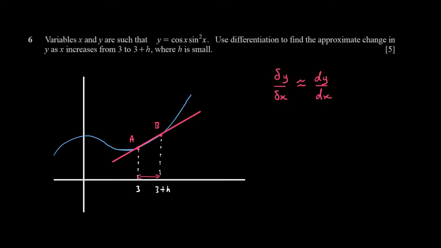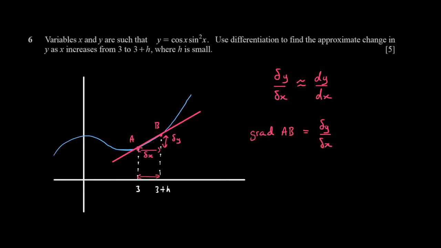So what could be the change in y? Well, we could call that delta y. Delta y just means a little change in y. And the change in x we can call delta x, a little change in x. So the gradient of the red line, the line AB, is equal to delta y over delta x.